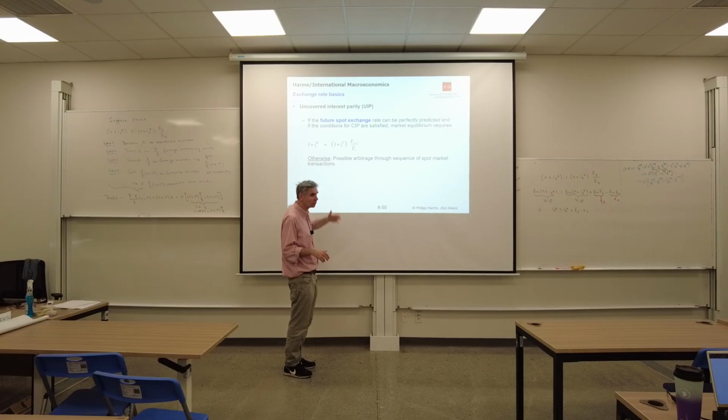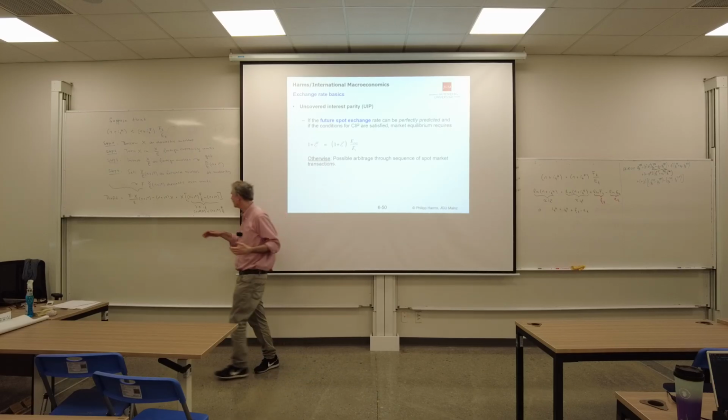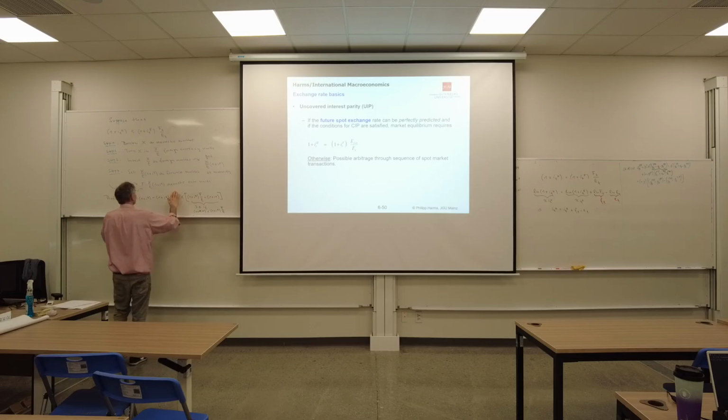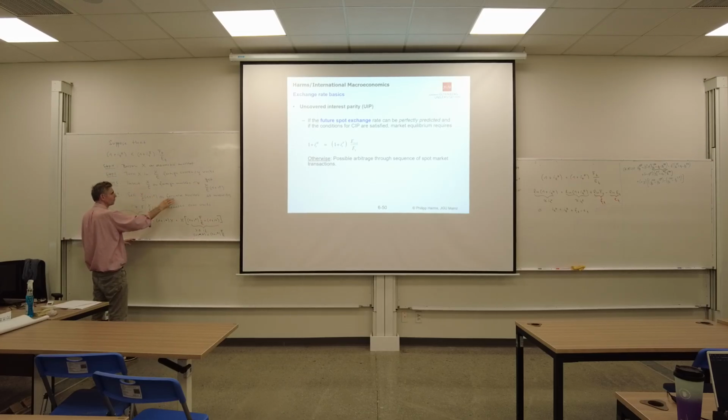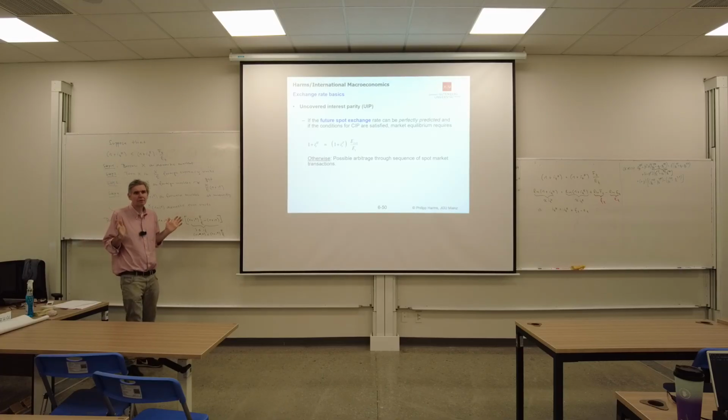And this has to hold because people could do exactly this thing with the only difference that they don't sell this on the forward market. They just wait until they collect this, and then they change it back into the domestic currency at the future spot exchange rate. And they don't have sleepless nights because they can perfectly predict the spot exchange rate if they have a crystal ball.